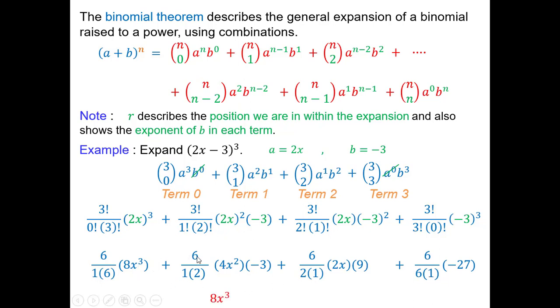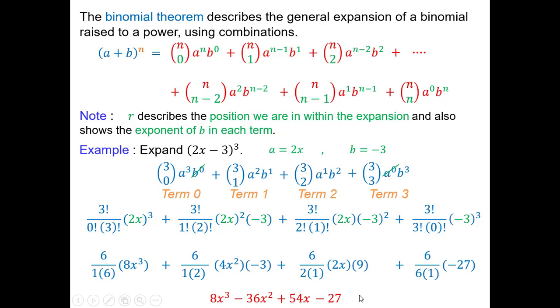Here we have 3 times 4 is 12, times negative 3 is negative 36, x squared. Here we have 3 times 2 is 6, times 9 gives 54, so 54x. And finally, 6 over 6 is 1, times negative 27 is negative 27.